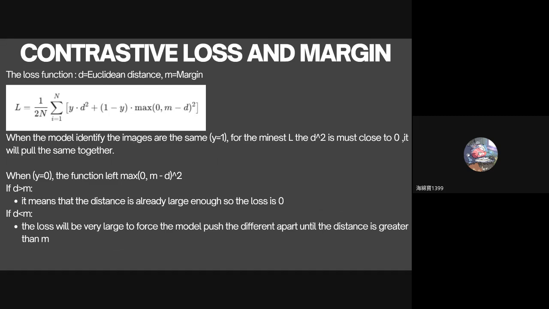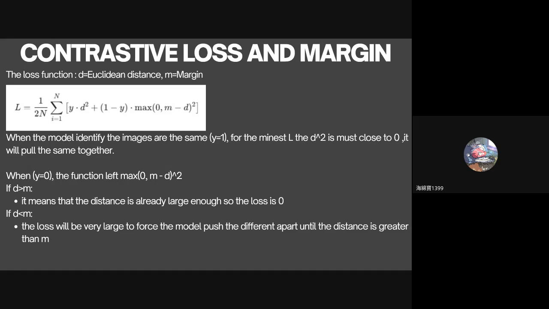When the model identifies the images as the same, it will label y as 1. Otherwise, y will be 0. When y is 1, the distance squared must be close to 0, so it will put the same together.